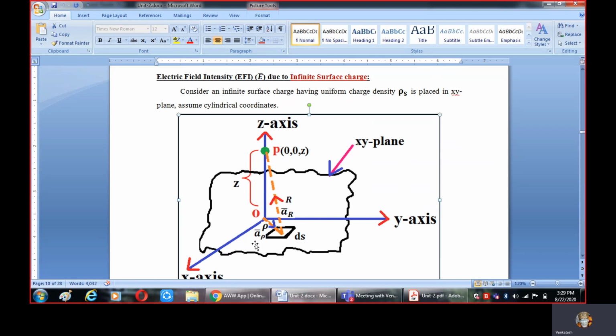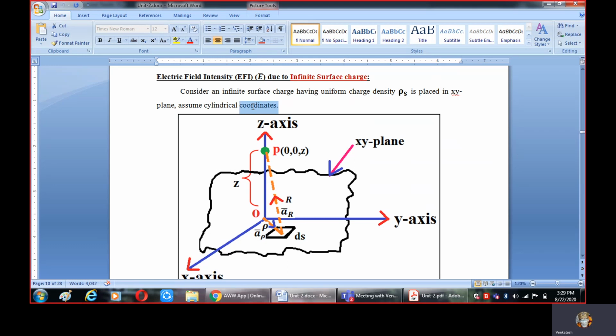Among this infinite surface charge, I am considering this selected part, nothing but dS, a differential surface, and the radius from the origin to dS is rho.